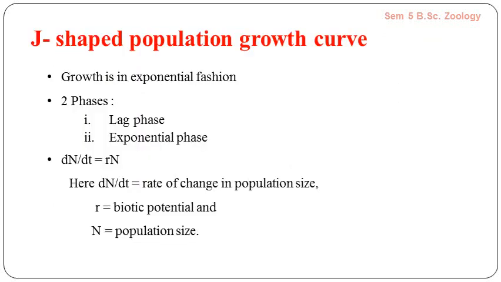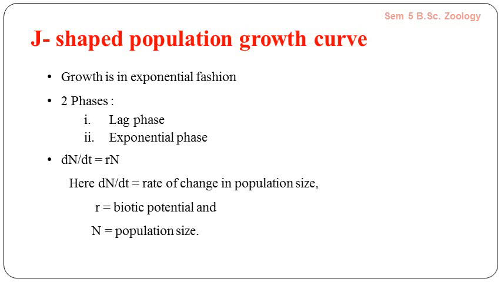Now, the J-shaped population growth curve. The J-shaped population growth curve is otherwise known as exponential growth, growth in an exponential fashion. Okay, now this is usually seen in algal blooms or certain insects.